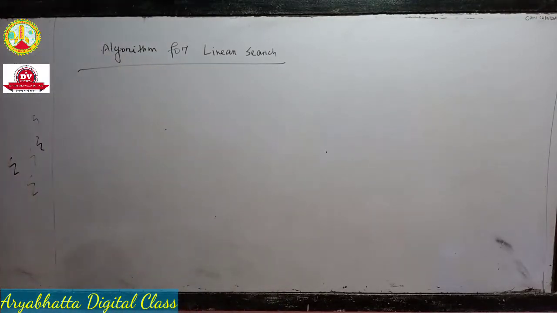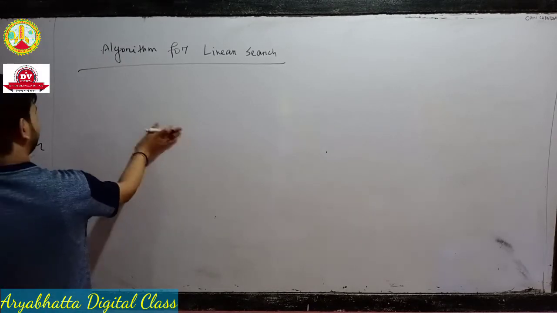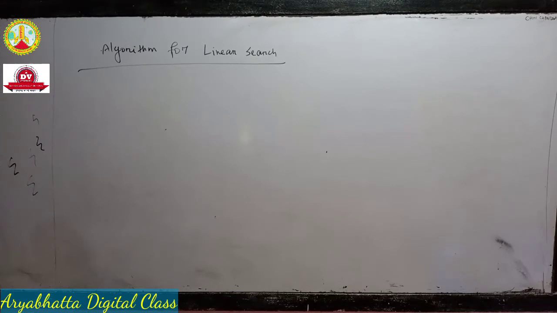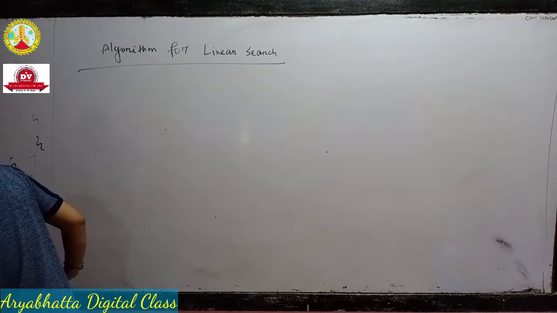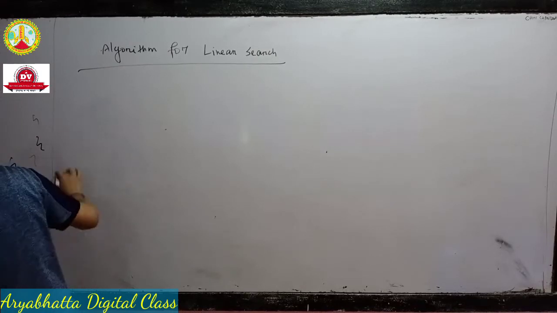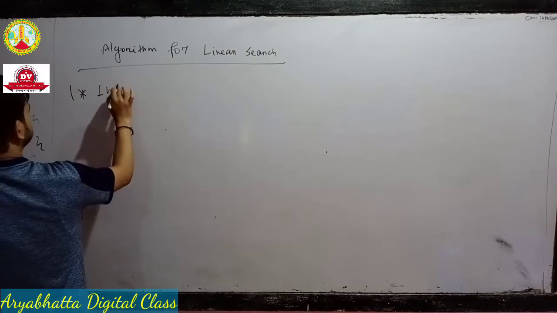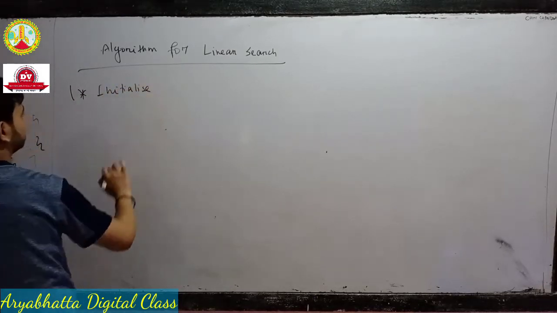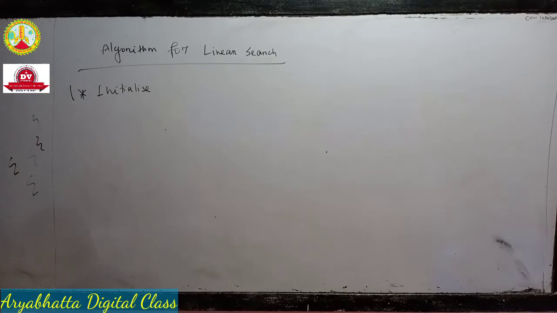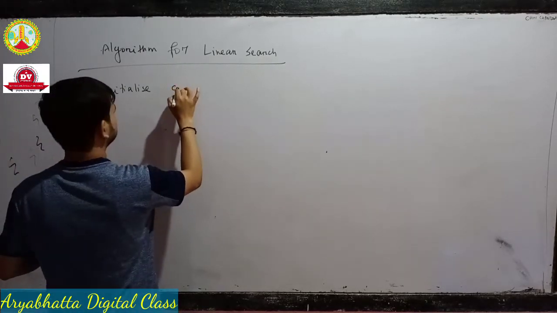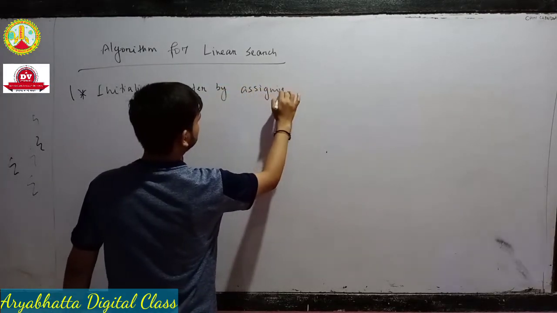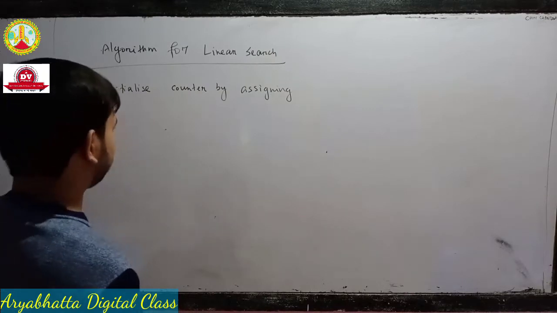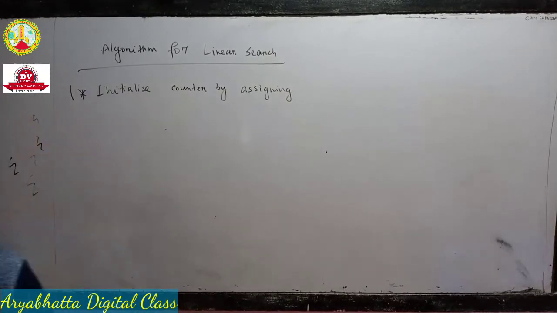Okay. See. For algorithm, you have to write like that. Initialize counter by assigning lower bound value of the array.